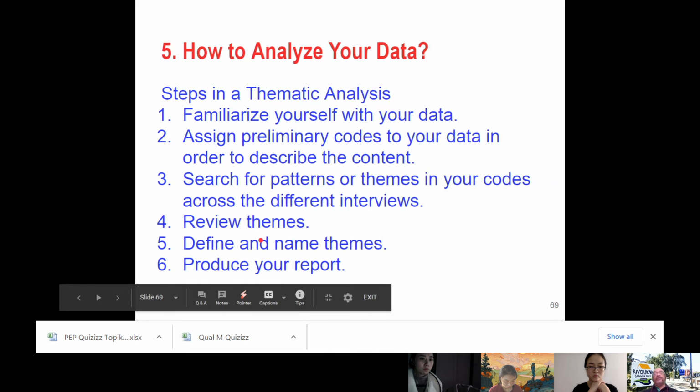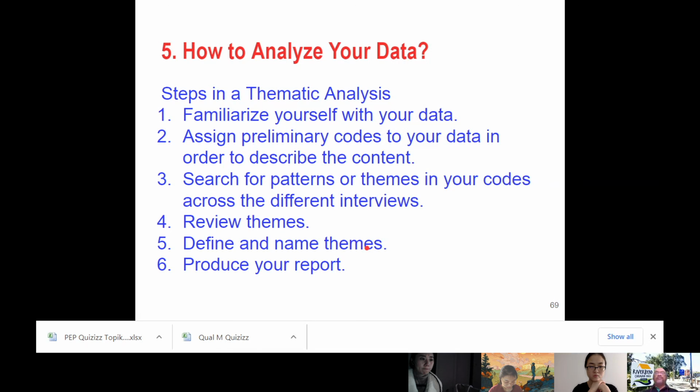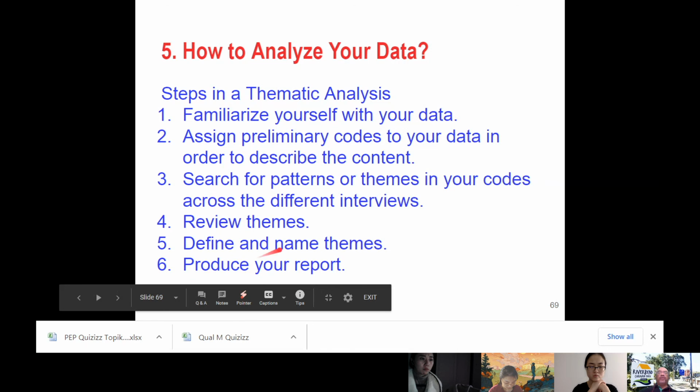Number 5, define and name themes. You update, and after that you come up with a final theme. So what are the themes? That's your final findings. And after that, when everything is confirmed, you produce your report.